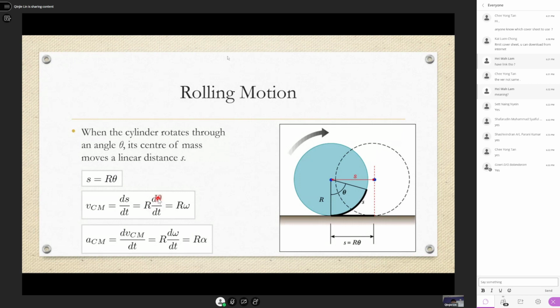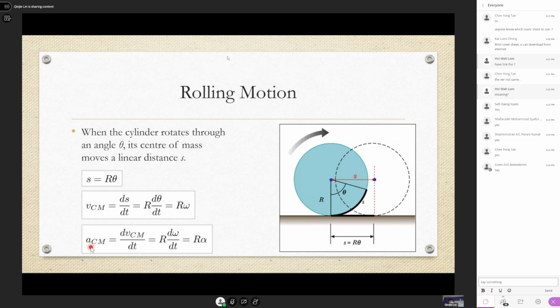The right part here will be d theta over dt, and that will be your omega. Remember, you differentiate your angular displacement, you get angular velocity. So in the end, V_CM equals R omega. This is the velocity of the center of mass, just your radius times your angular velocity.